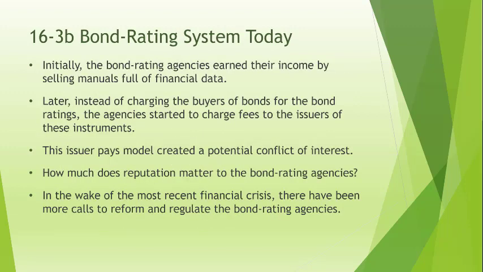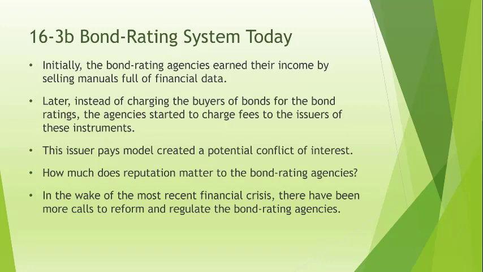Initially, these bond rating agencies earned their income by selling manuals full of financial data. Later, instead of charging the buyers of the bonds for the bond ratings, because there was a problem basically in keeping those ratings secret, the agencies started to charge fees to the issuers of those bonds. So, in other words, if you issue a bond and you want it to be rated, then you have to pay for it.